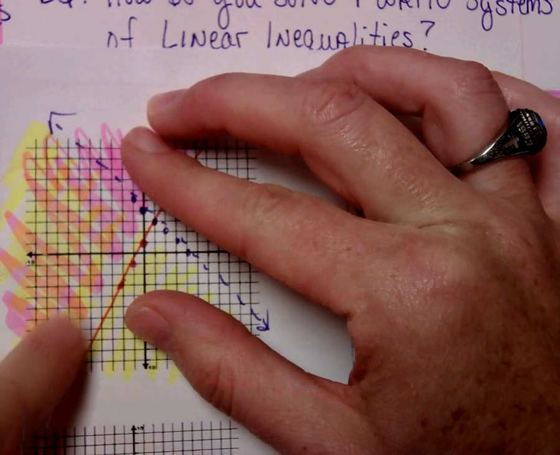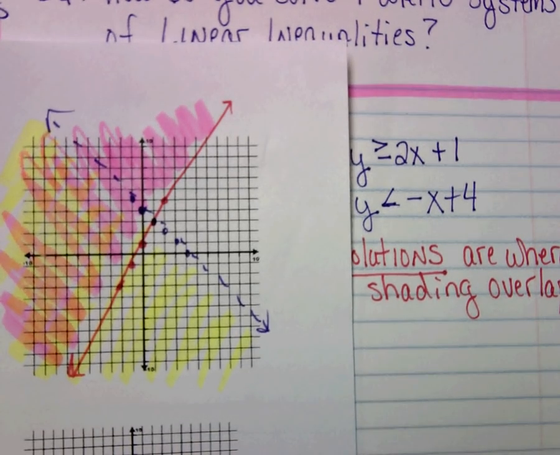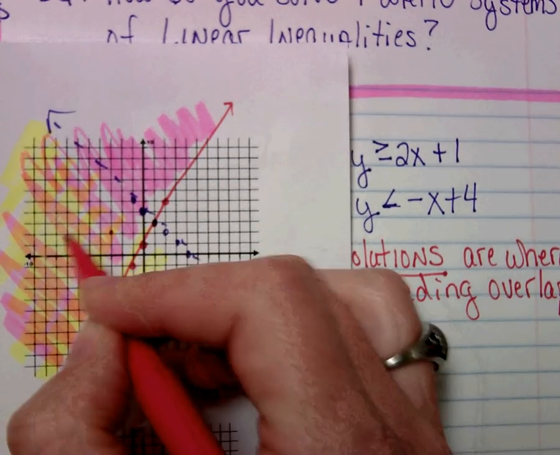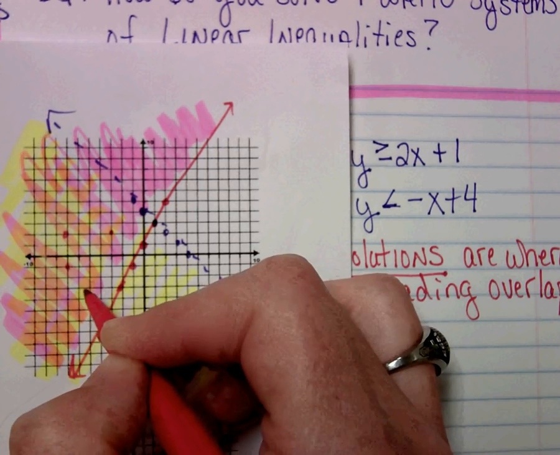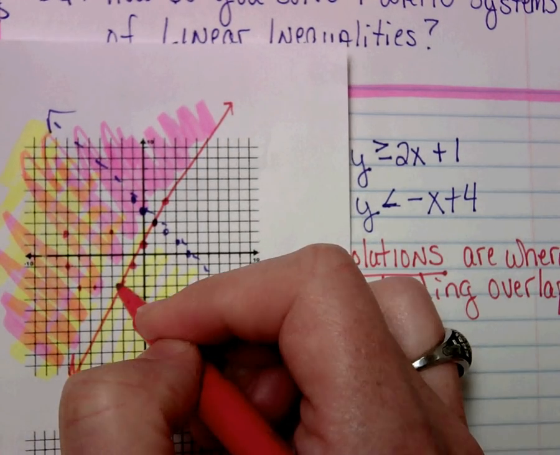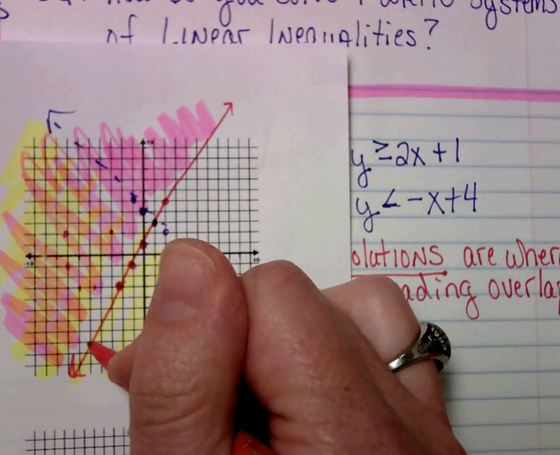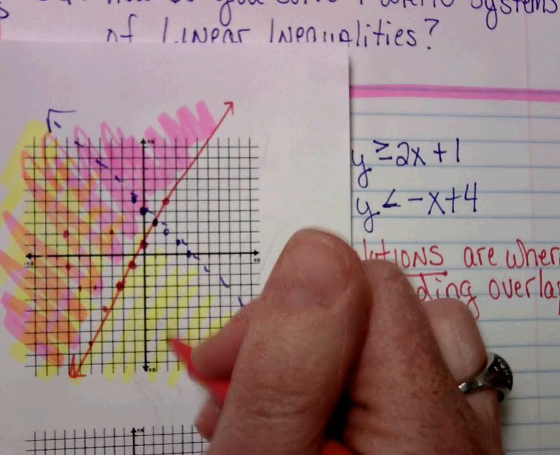A lot of times they won't show you those two areas. They'll only show you the solution area, or if they're asking you to match a system to the graph. Basically anything in this overlap shaded area would be a solution. We could include points on the line in this case, but obviously nothing over here.